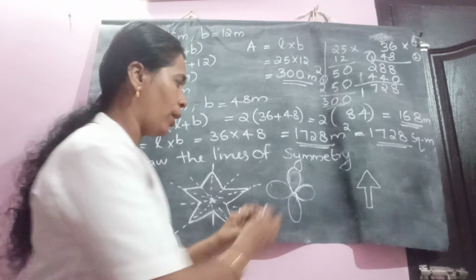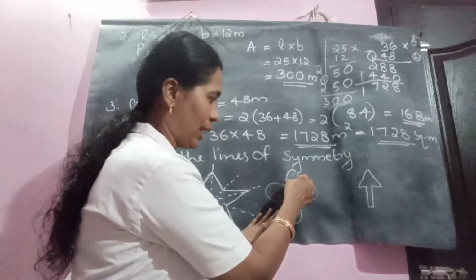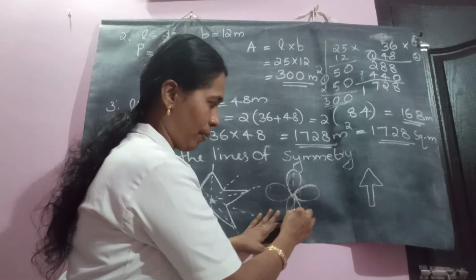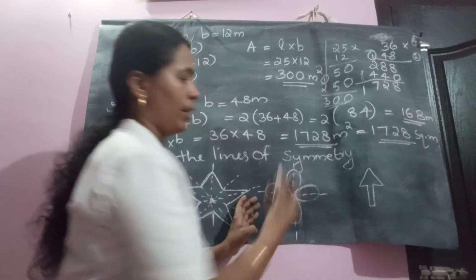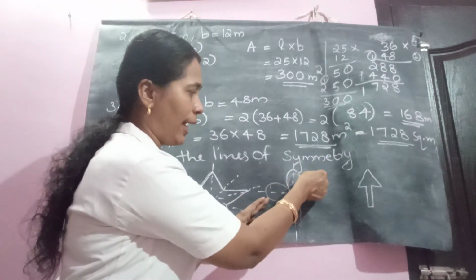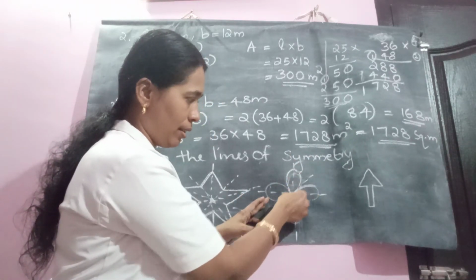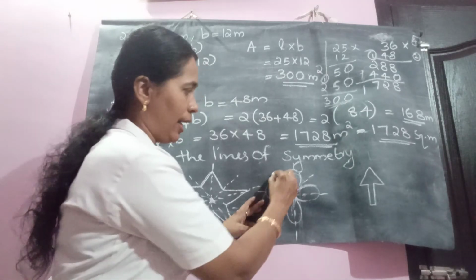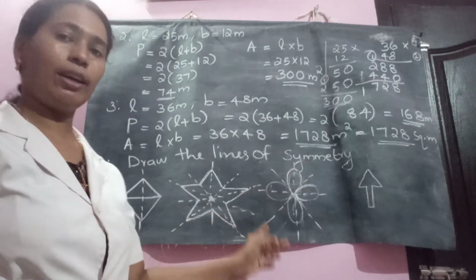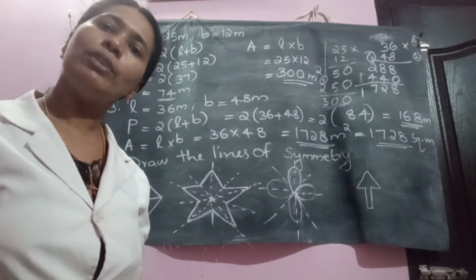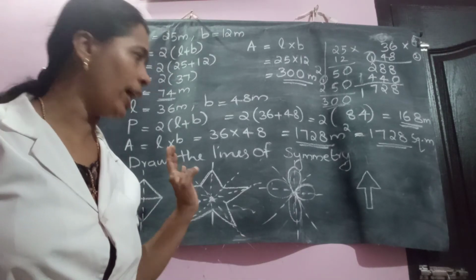Which are the 4? One is vertical, another is horizontal, and the next 2 are diagonal. Diagonal, and here also diagonal. These are the 4 lines of symmetry.